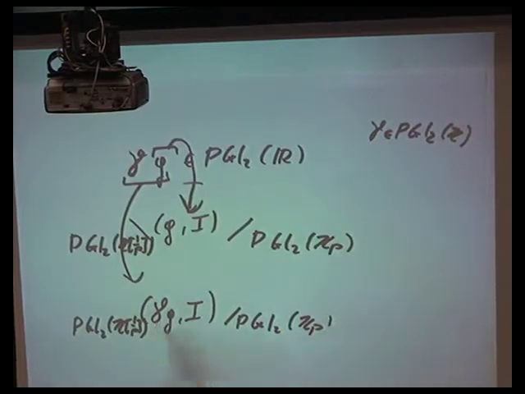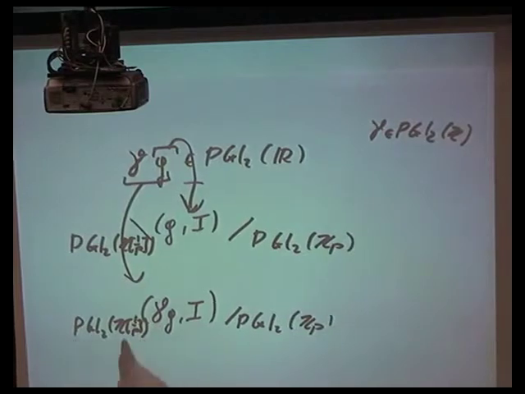We know of course that PGL2(Z) is also contained in PGL2(Z[1/p]). So you would say we can just kill this gamma because it's already here anyway. But that's not quite true, because the definition of PGL2(Z[1/p]) as a subgroup of PGL2(R) times PGL2(Q_p) is the diagonal embedding.